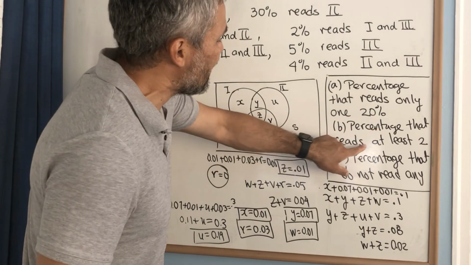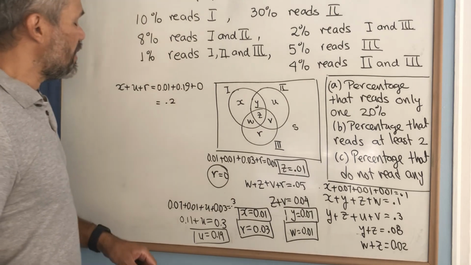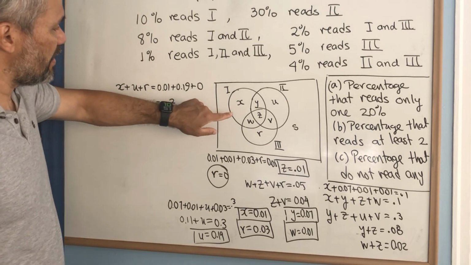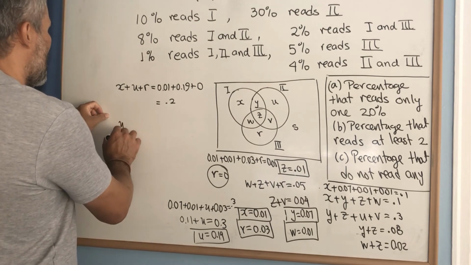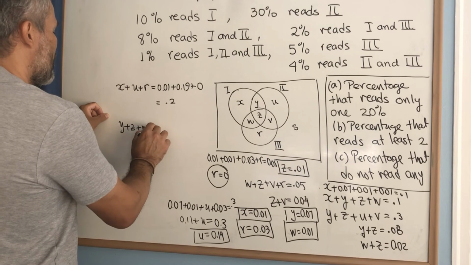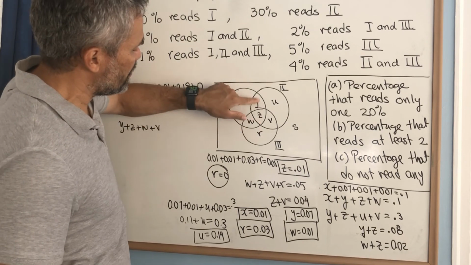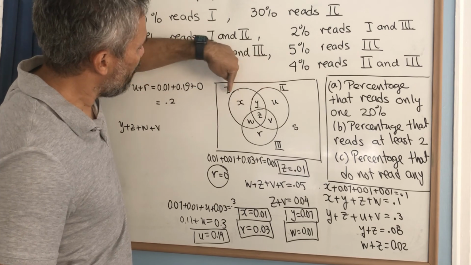Percentage that reads at least 2. At least 2 would be Y plus C plus W plus V. In this region, Y and C, they are reading 1 and 2.